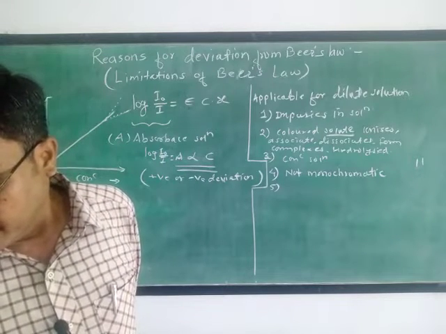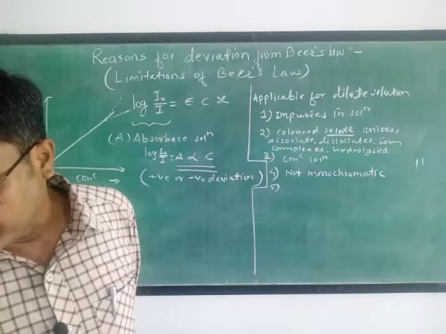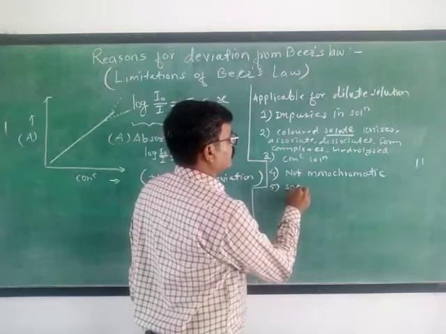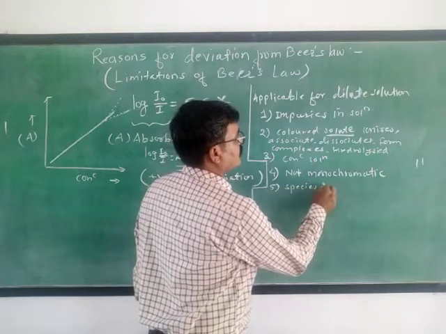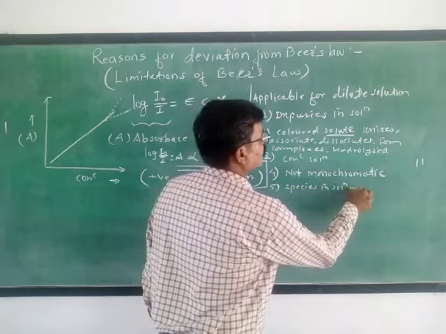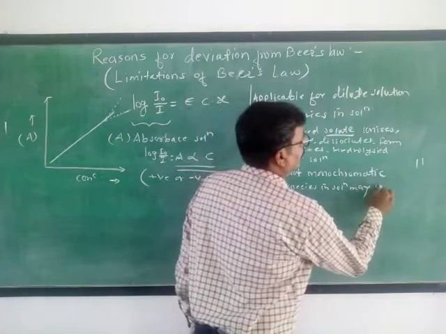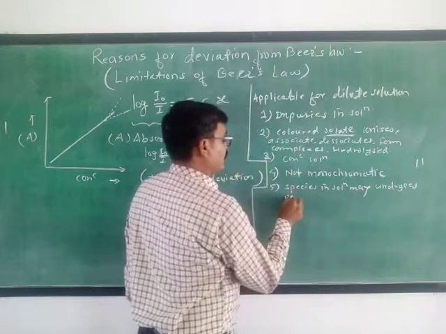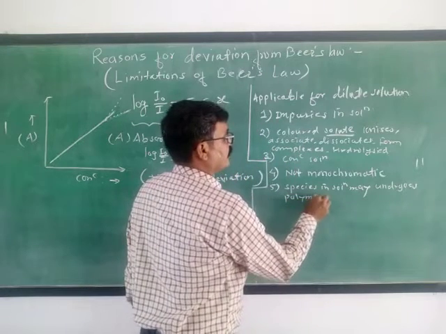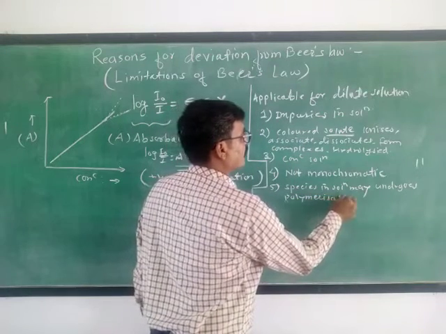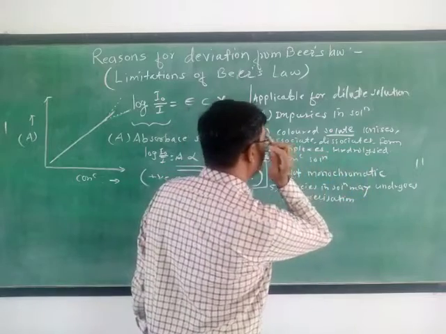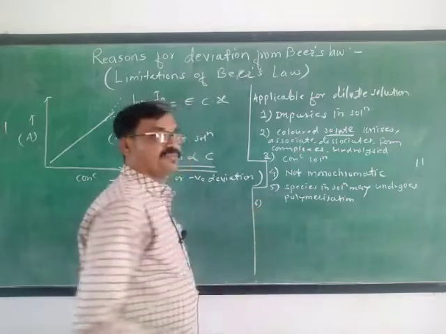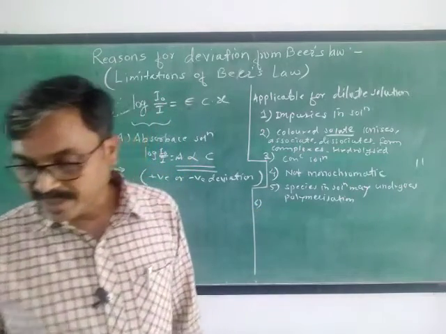And again, the species present in the solution may undergo polymerization. Due to this polymerization, the observed value is different from the expected. This is the fifth reason for the deviation.